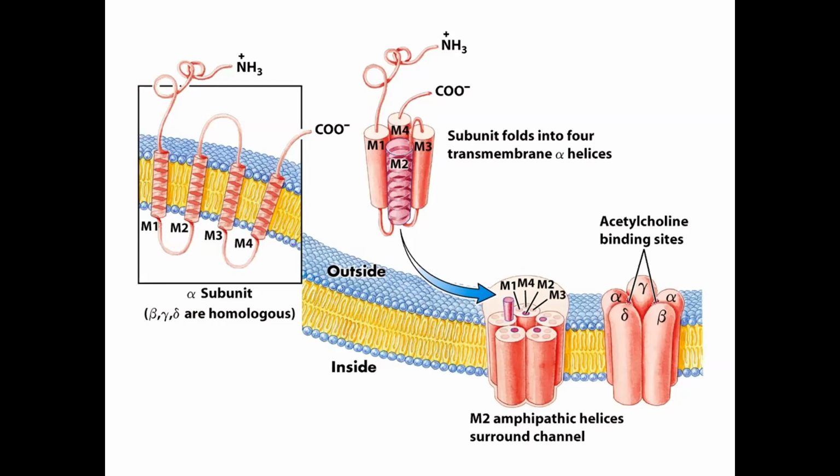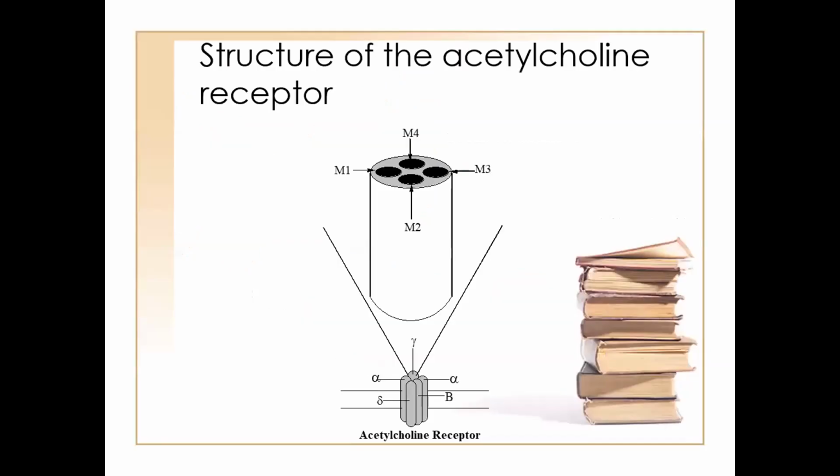Leucine is hydrophobic. So can cation ions easily go through that channel? No, channel's blocked. So we have our little battery here. Here's M2, leucine essentially sticking out right into the middle of that channel, and that channel is blocked.